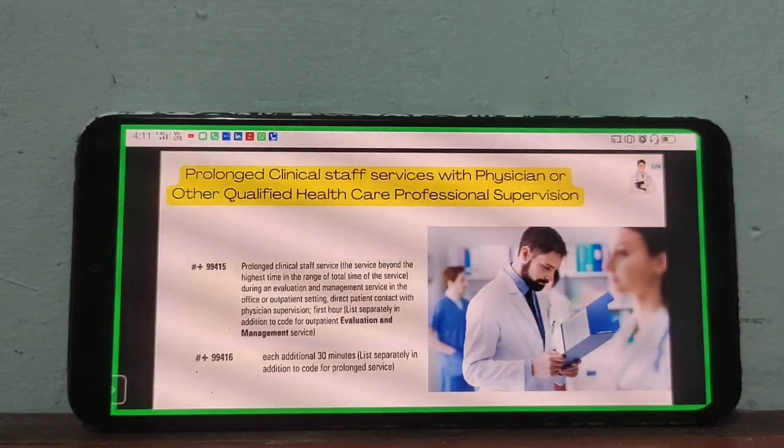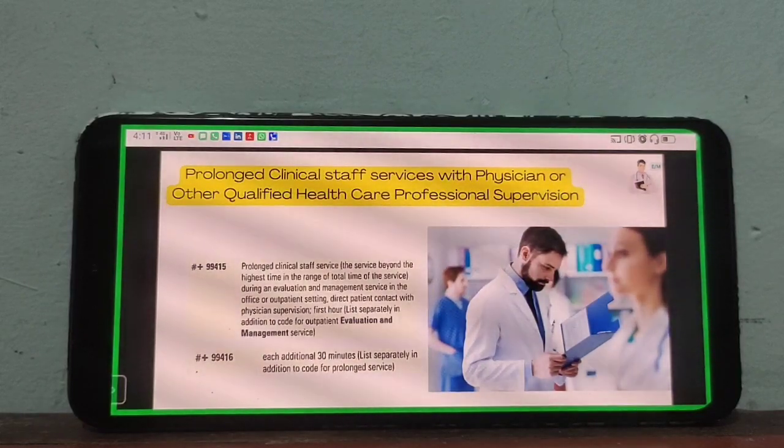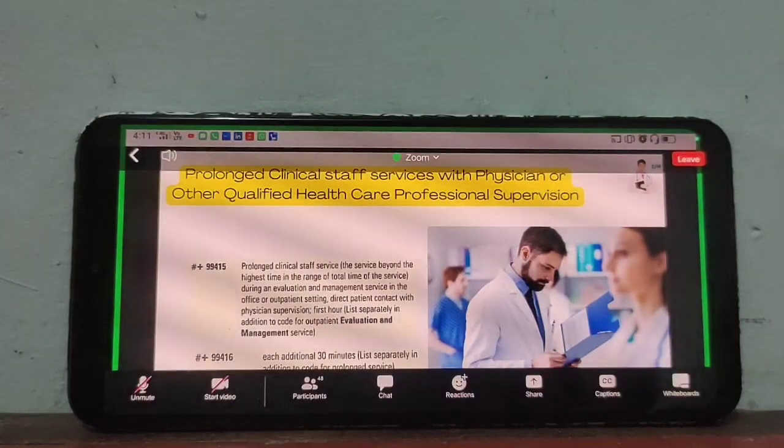So for the first 1 hour, 99415. For each additional 30 minutes, 99416. For the first 1 hour, here the prolonged service is provided by clinical staff under the supervision of doctors. For the first 1 hour, 415. Then for each additional 30 minutes, 416.